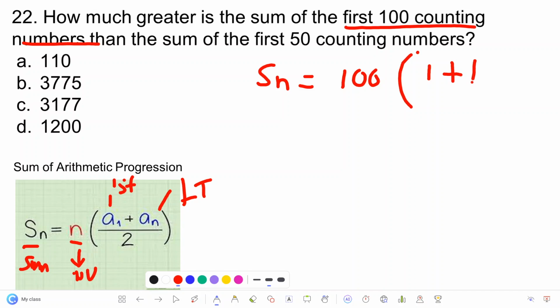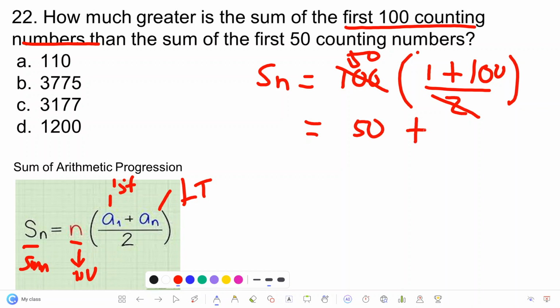Of course, 100 din. Okay? Over 2. Now, para maging madali, huwag mo muna silang i-add. Subukan mo na maghanap ka muna ng pwede mong i-reduce. Okay? So here, meron tayong 100 dito, which is divisible by 2, at saka yung 2. So, 100 divided by 2, this is 50. Para kahit wala kang calculator, alam mo kung paano mag-compute. So, 50 times 1 is 50.